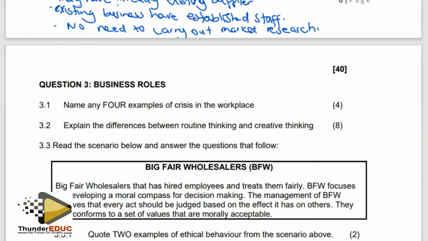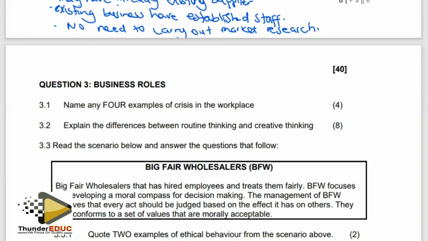Should always read and always know them. So our question 3 talks about crisis in a workplace, and they want us to give examples of crisis, just to name a crisis. This is a situation that may make the business stand still.